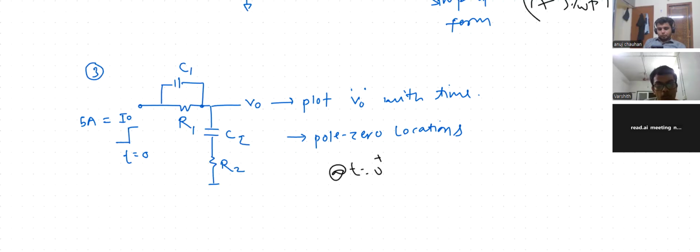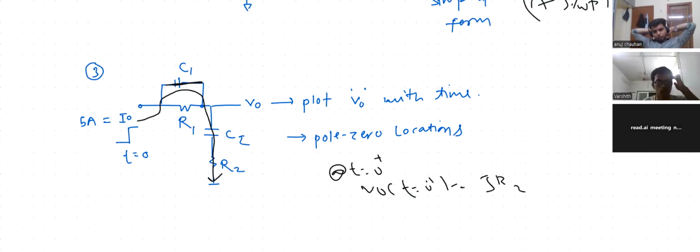And the cap would be short circuited at t equals 0 plus, sir. So current flows in this way and in this path, sir. So V output at t equals 0 plus would be 5 R2, sir. At t equal to 0 plus, you told that your caps are shorted, so complete current is going this way. What is the output? 5 R2. Okay, got it.